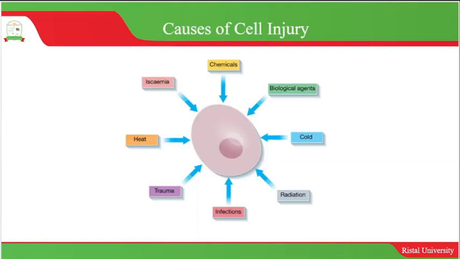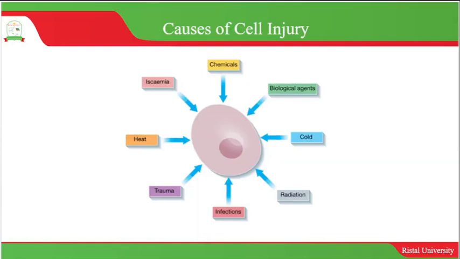And if these cells are exposed to infections, they may also be injured. They may also be injured when they are exposed to trauma, to high heat, and to ischemia. So these different stressors may cause injuries, and we are saying the injuries may be categorized into either irreversible injuries or reversible injuries.